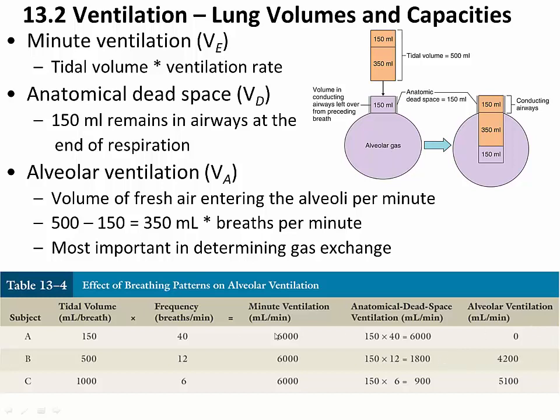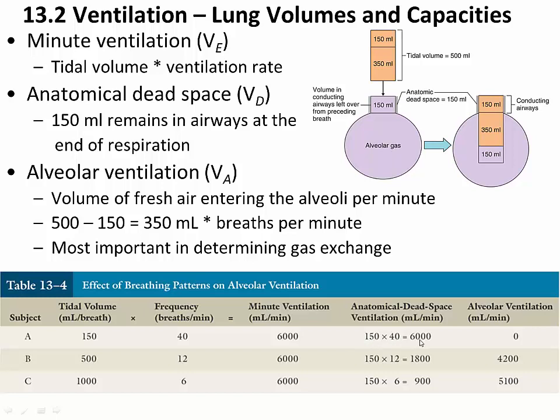Now, on the other hand, we could go this way. Let's say that we take very shallow breaths. And so our tidal volumes in this case are only 150, but we take a lot of them. We take 40 per minute, and so 150 times 40 is 6,000. So that's equivalent to the minute ventilation that we had in our last example. But in this case, the anatomical dead space, of course, doesn't change, but we have more breaths per minute.